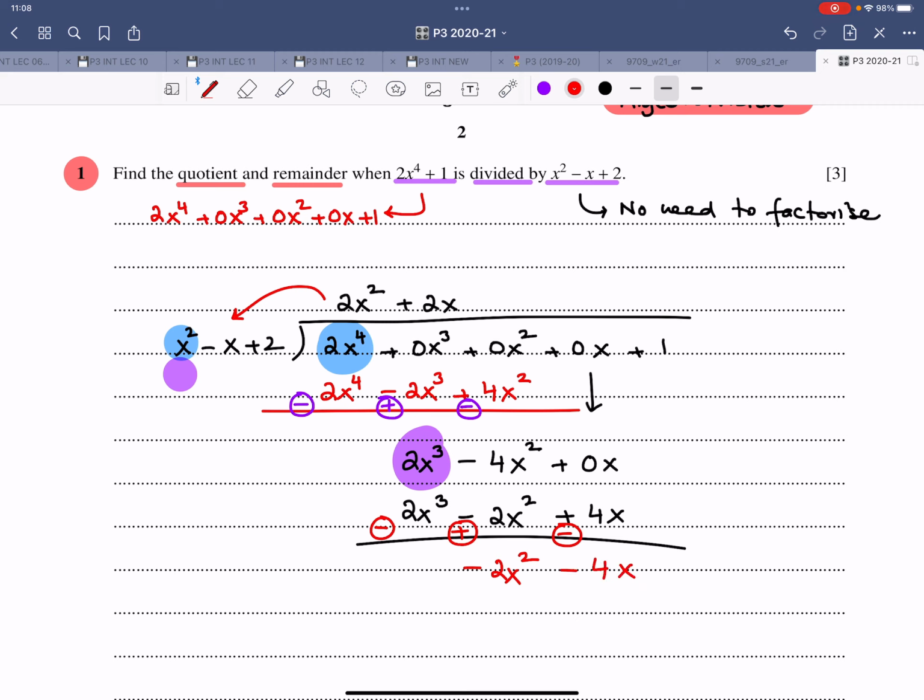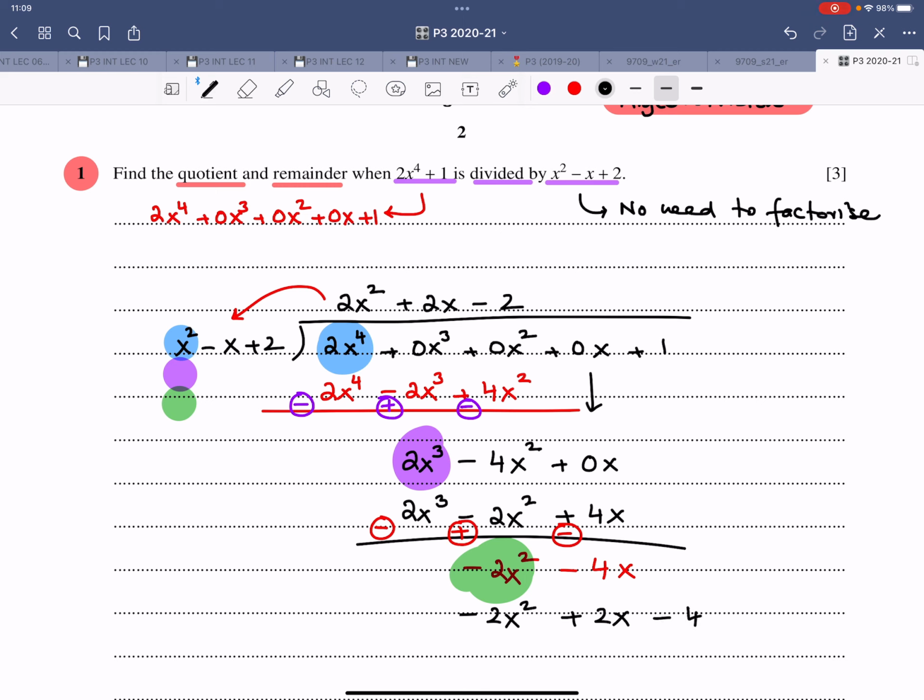Repeat the same process all over again. So this time negative 2x square divided by x square is negative 2. This is negative 2x square, and negative 2 into negative x is plus 2x, and negative 2 times 2 is actually negative 4.